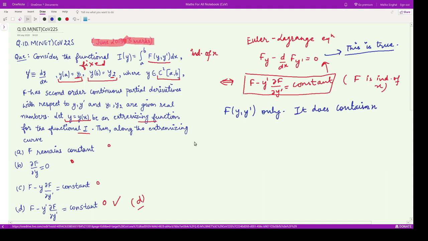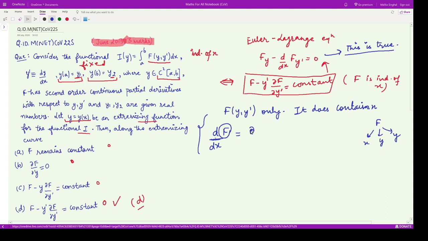So in that case, let me calculate d by dx of f, that is, the complete derivative of f with respect to x. That would involve partial derivatives, because f is a function of x, y and y dash, I'm talking about here in general.